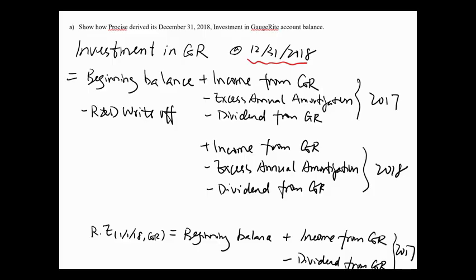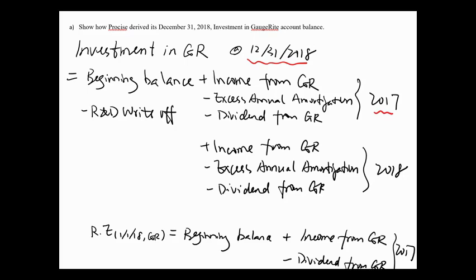The annual balance of the investment account equals its beginning balance, or the balance at the beginning of 2017, plus the income from Goldright in 2017, minus the excess annual amortization in 2017, and then minus the dividend from Goldright in 2017. Those are the information we need from 2017.